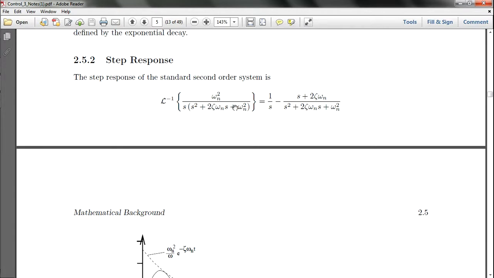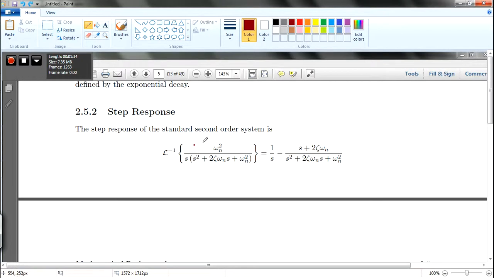This portion is the transfer function, and this 1 over s is the step input.